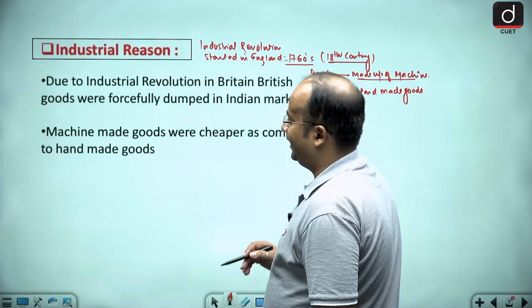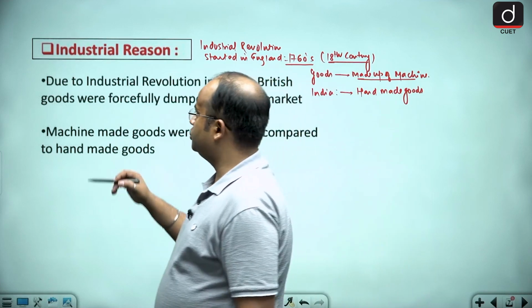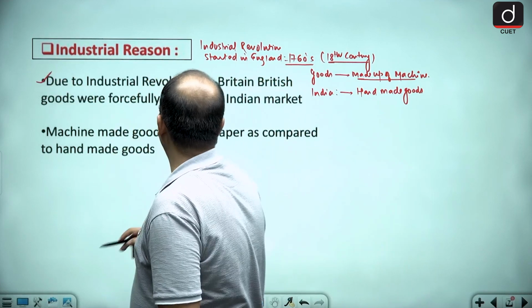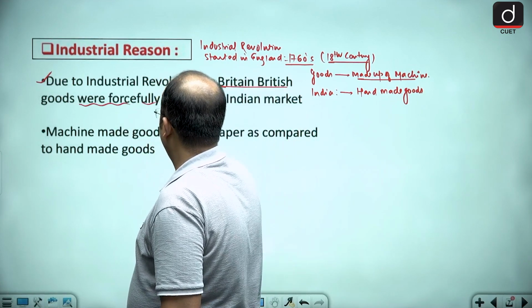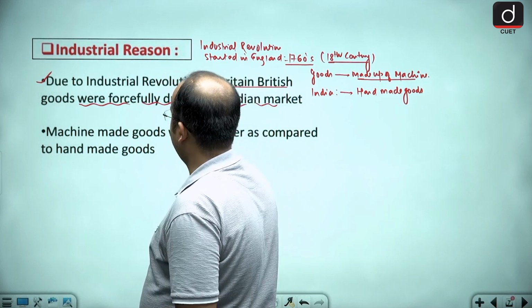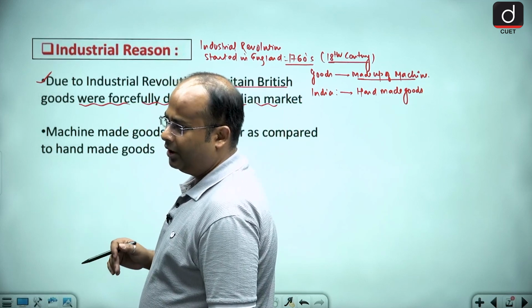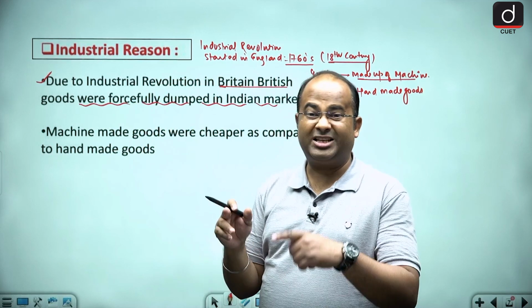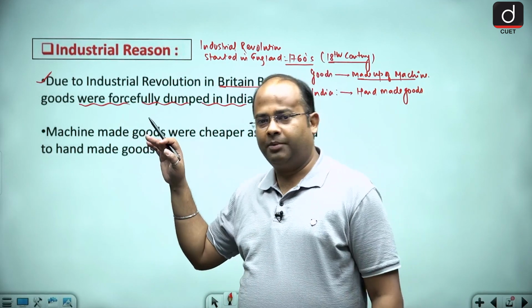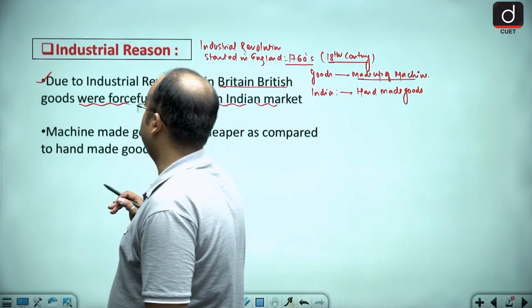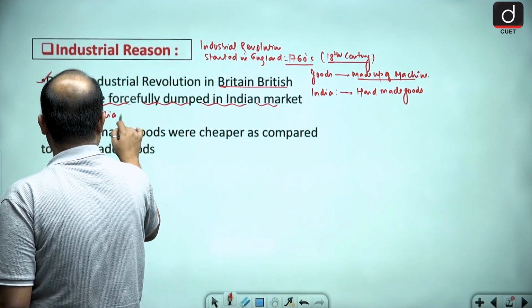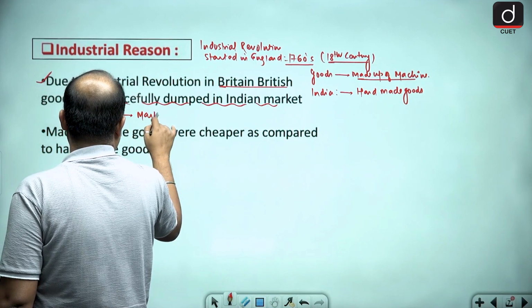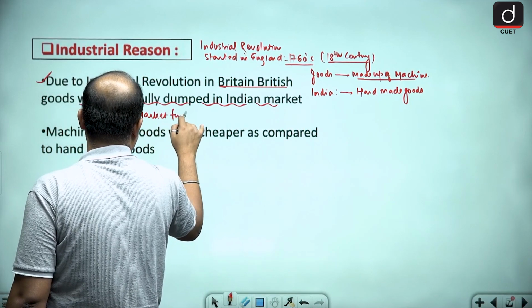Now guys, due to the Industrial Revolution in Britain, British goods were forcefully dumped in the Indian market. In order to find a place to sell British products, they were forcefully dumped in the Indian market, because India was like a market for the British.